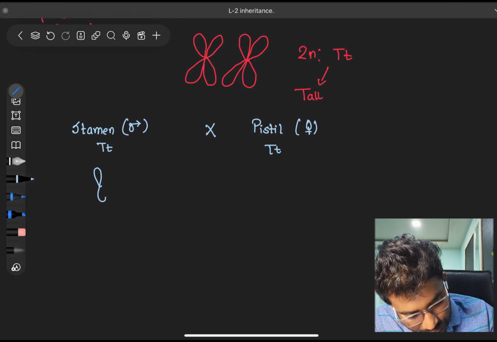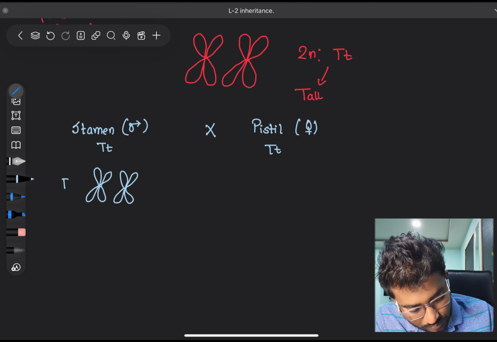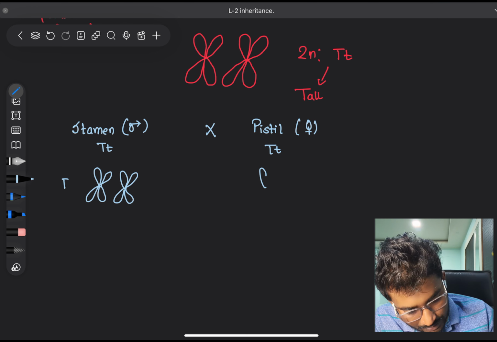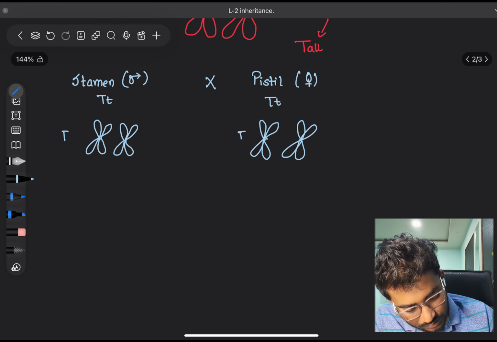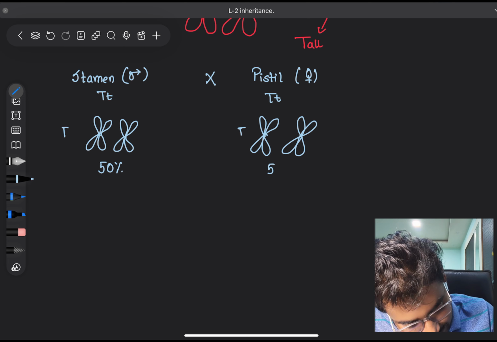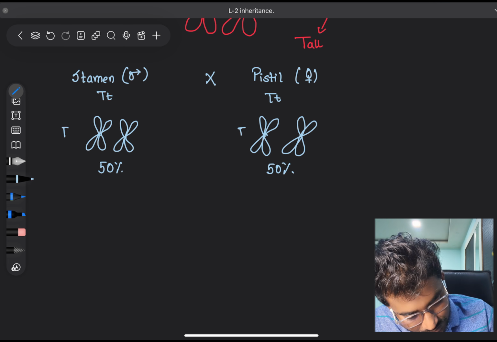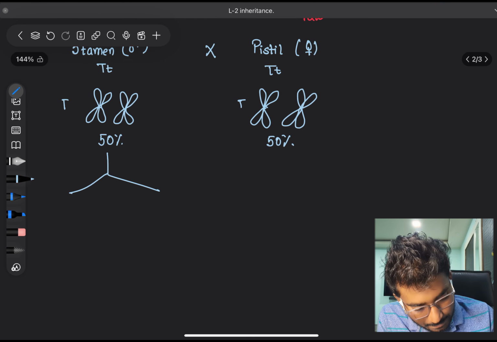Now what happens here? This one is T, and here it is t. Here there is a 50% chance of segregation.